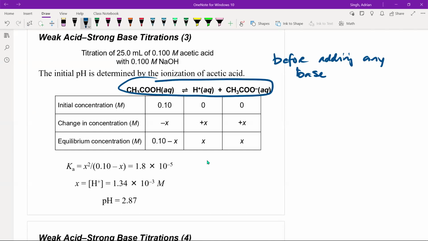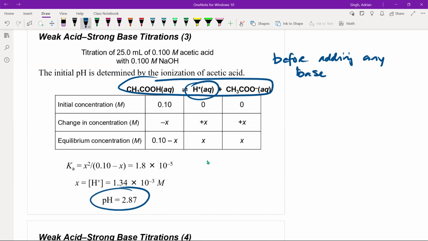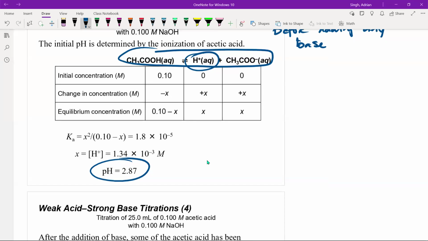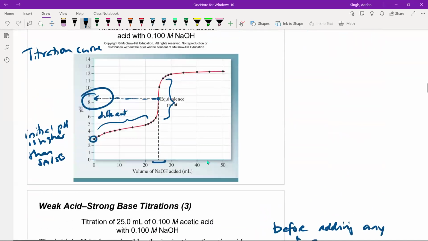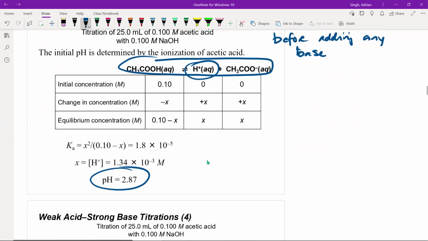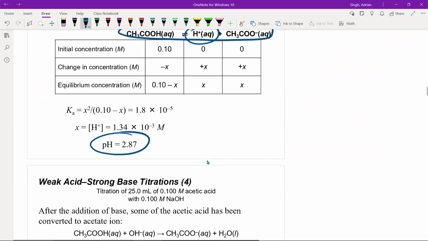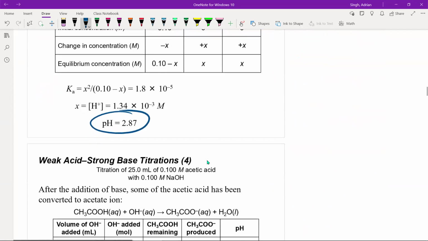We can use our ICE table to determine what X is. X is the H plus concentration, and we've done that already in a previous section. So the pH initially is just under 3, 2.87, and we saw that in our curve, right? The pH is acidic, but it's higher than that for the strong acid, strong base titration.